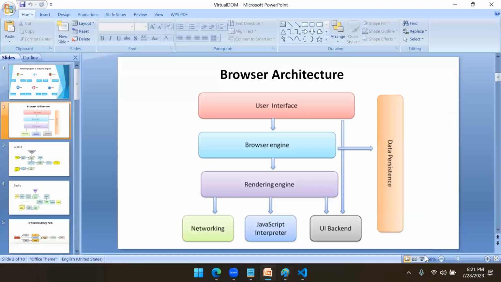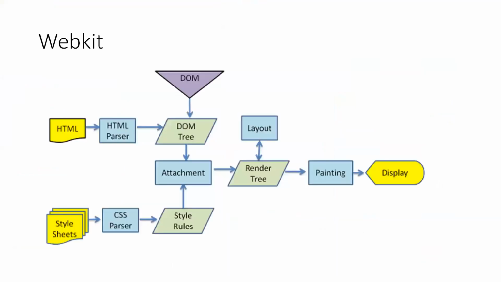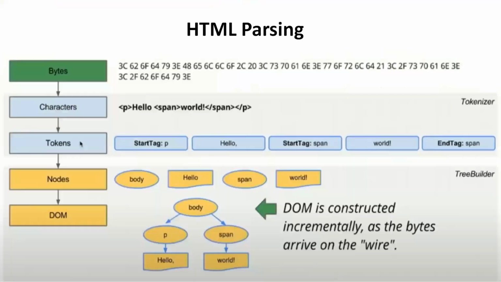This is how the process actually works. First is HTML parsing: first we write markup, markup converts into bytes, bytes are converted into characters, characters are converted into tokens, tokens are created into nodes, and nodes are arranged in a hierarchy called the DOM.